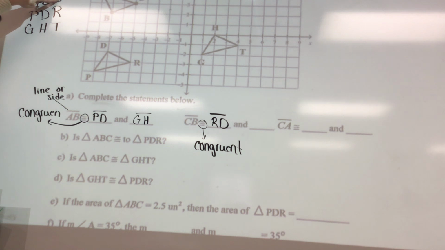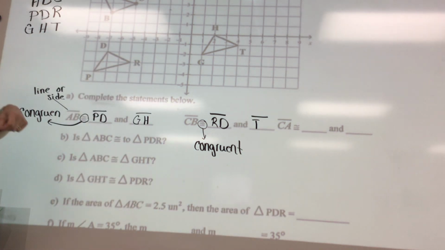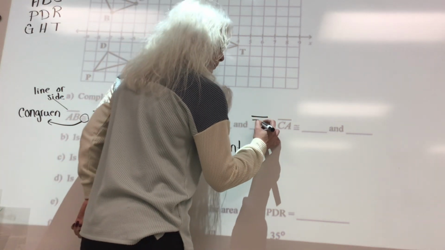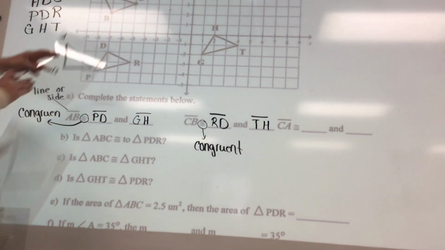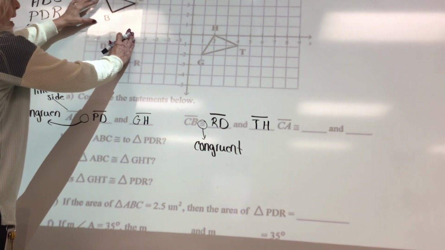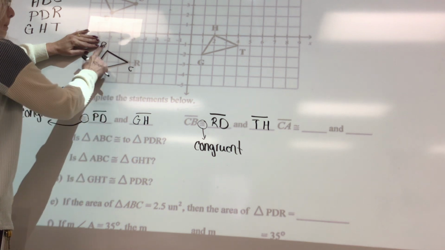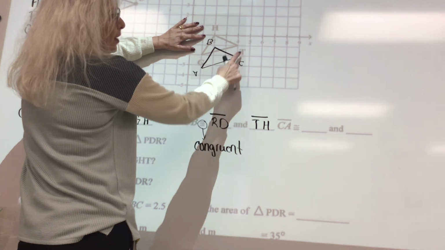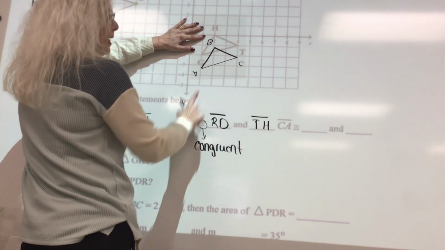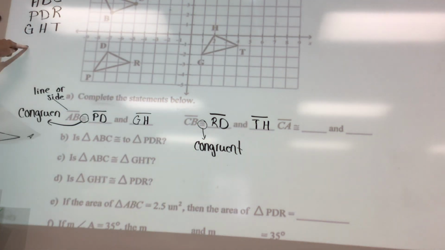Side C also corresponds to T, and B also corresponds to H. We can verify that by taking triangle ABC and reflecting it: C matches up with R, B matches up with D. C matches up with T, B matches up with H. So does this work?